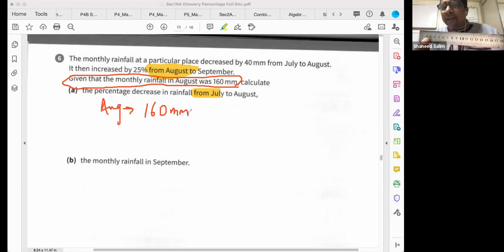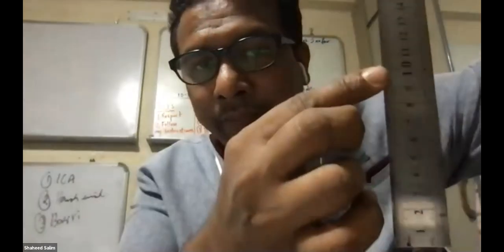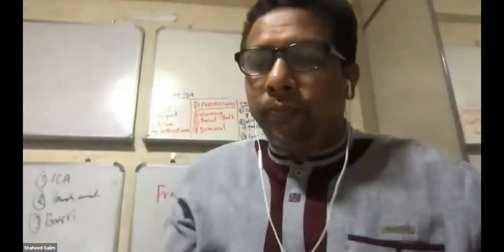So you want 160 mm, this is how high it is. This down here is 10 mm, and it goes up to 10 cm, 100 mm. Then it goes to 16, this much of rain. Is it a lot? Say very little. Hey, the whole country got this amount. It's a lot of water, you know.